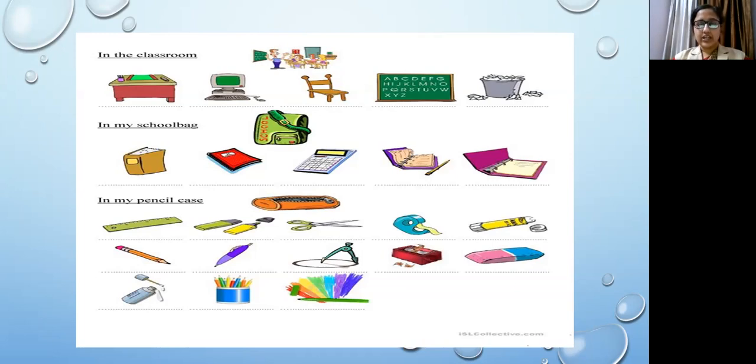What they have done in this picture is, in the classroom they have categorized the objects which are used in a classroom. So the objects which are used in a classroom are kept in a separate section. The objects which are kept in a pencil case are kept in a separate section. So likewise we can make some groups and put some objects in those groups.